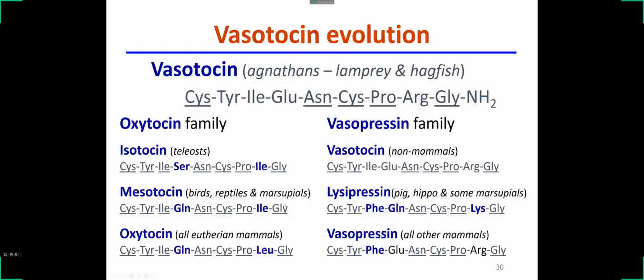And it's interesting to compare now. Look at mesotocin versus lysopressin, right? Very, very similar, but it only changes between the lysine and an isoleucine, right? That's the only difference between these two hormones.